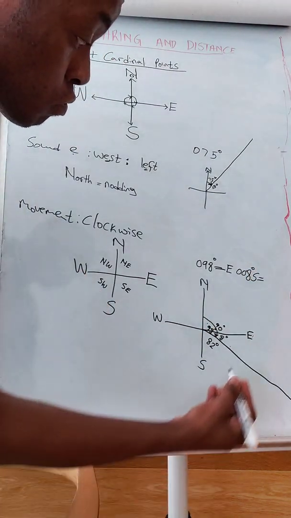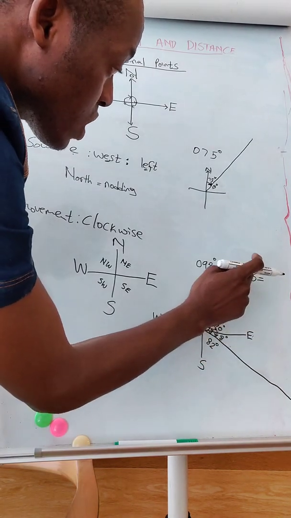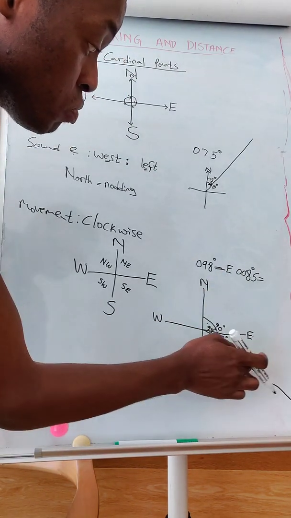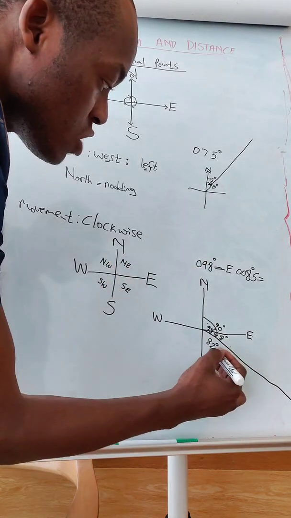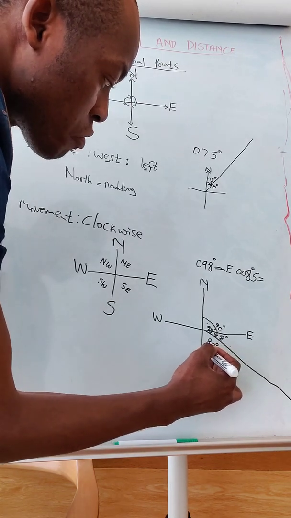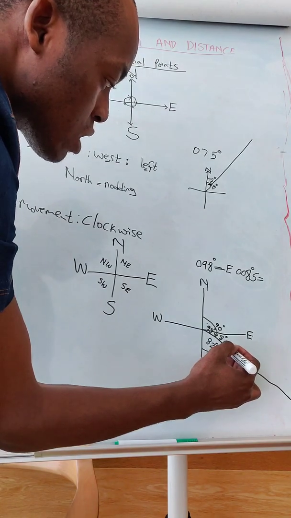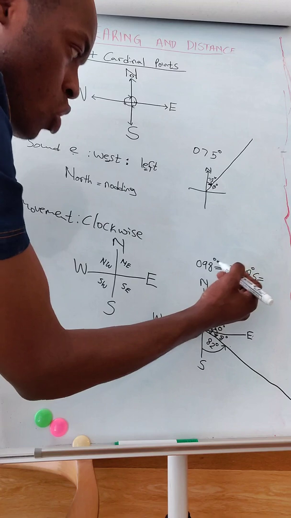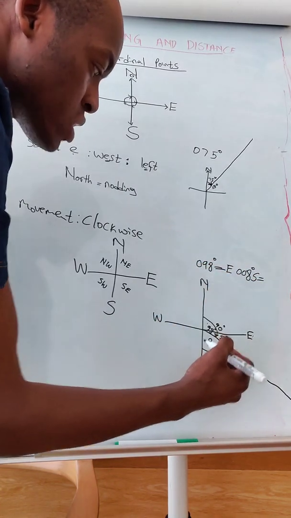Because ordinarily, if you want to draw this 8 degree east, 8 degree south, it will give you this direction. It will still give you the same thing as 98. Now, this is 82. If you want to draw from south to east, which is anti-clockwise, this one is clockwise, this one is clockwise, and this is anti-clockwise.